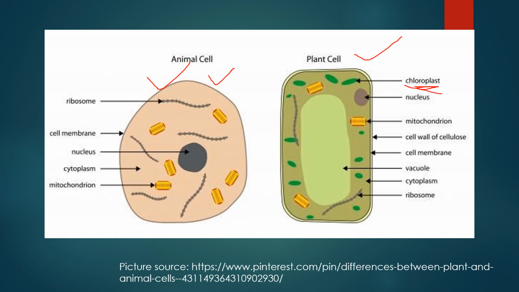Inside that chloroplast, chlorophyll pigment is present, and using that chlorophyll pigment, the plant cell can produce its own food material, so it is autotrophic in nature. But animal cell does not have chloroplast, so it cannot perform the process of photosynthesis. It cannot prepare its own food and depends on others for nutrition. So it is heterotrophic in nature.